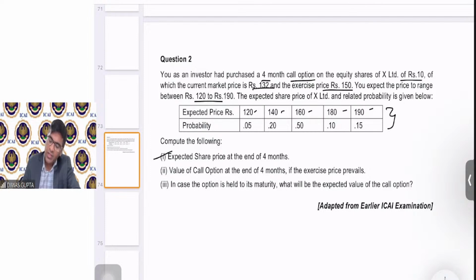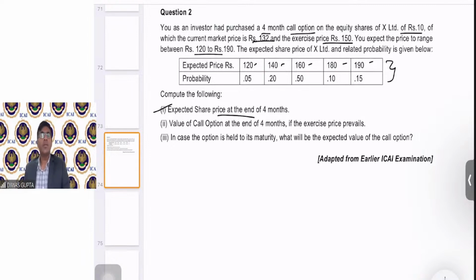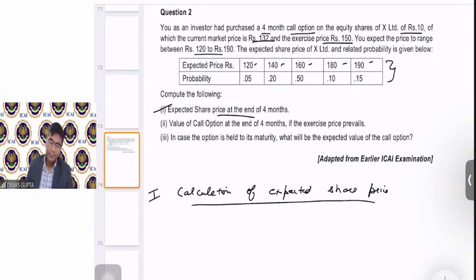Compute the expected share price at the end of the 4 months. So first of all, they're asking us to calculate the expected share price. The expected share price is nothing but the probability multiplied by the expected price. Calculation of expected share price.